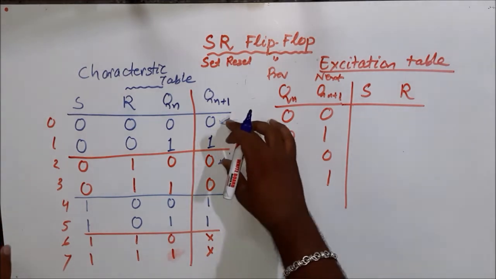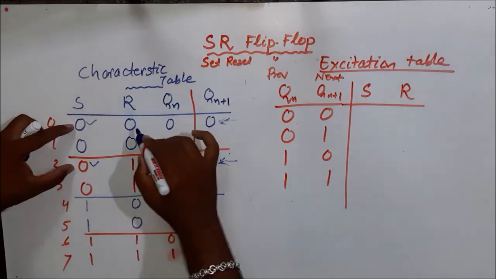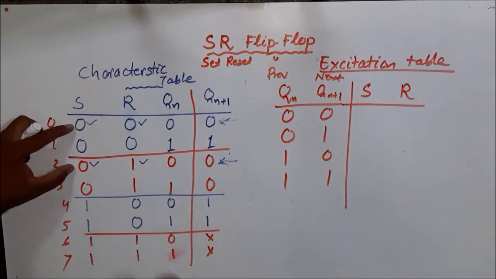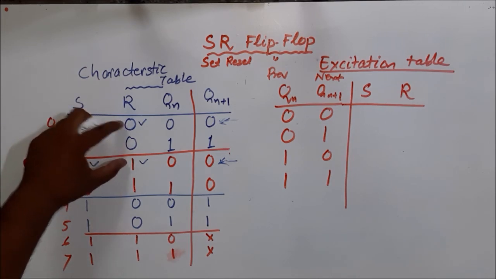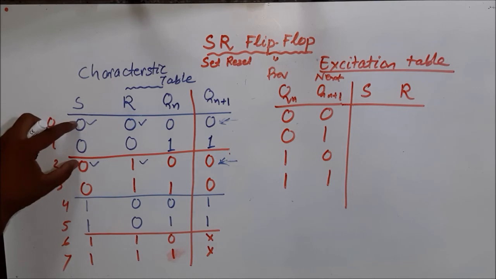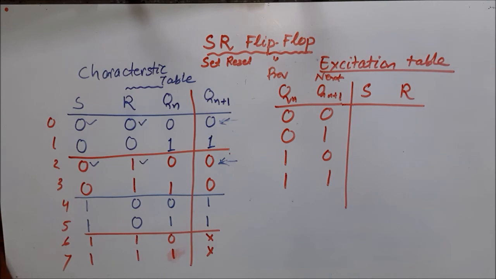So for this you can see the S value is always 0 and the R value may be 0 or may be 1. That means irrespective of the value of R, if my S is 0, then I get Qn as 0 and Qn plus 1 as 0.